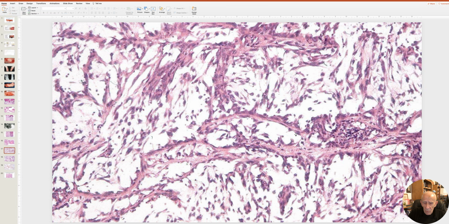I can't remember too much about it, other than it was one of the patients in our series, and she developed this funny tumor, which at first sight I thought was going to turn out to be a vascular tumor, maybe even a lymphangiosarcoma, because of all these empty spaces.